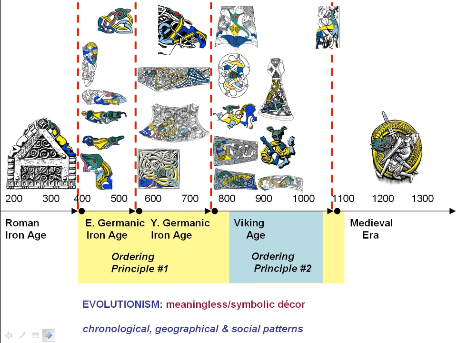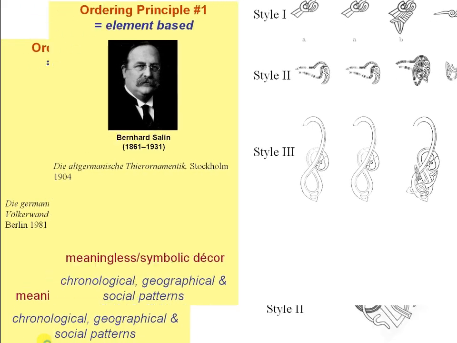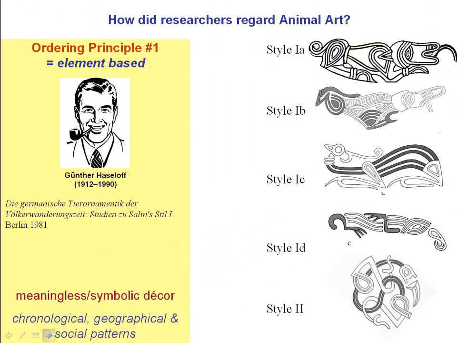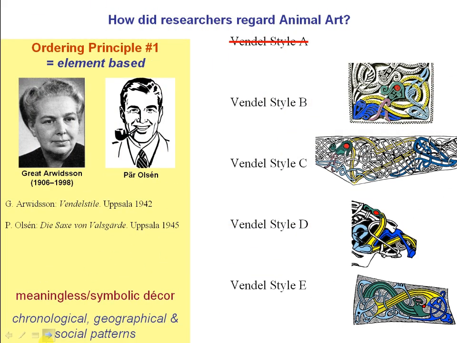During the following decades, subsequent scholars made a career by subdividing these established styles into new subgroups. Two of the most important were a power couple from Uppsala that later on fell apart during a dig at Valsgärde. And they subdivided Salin's style 2 into 5 phases.